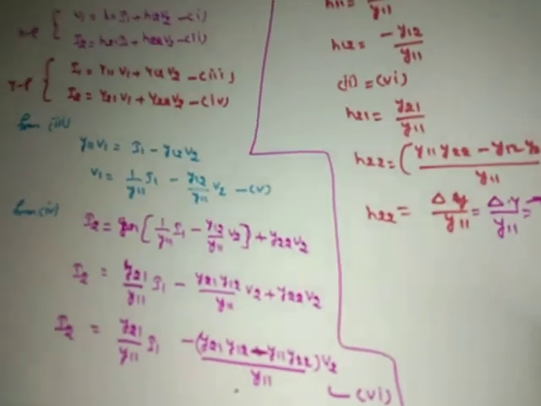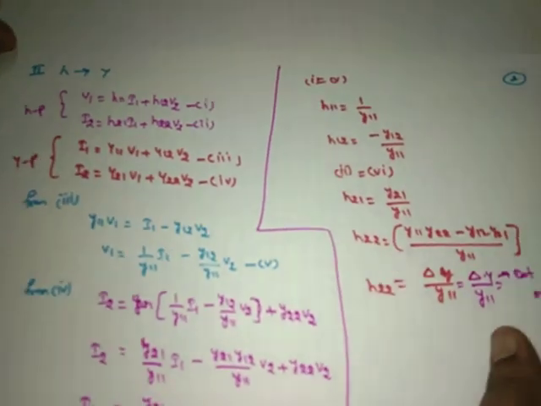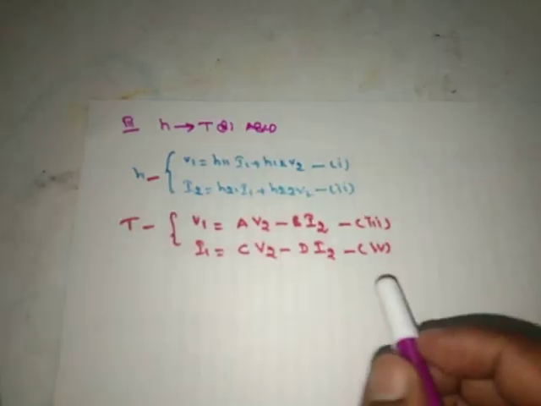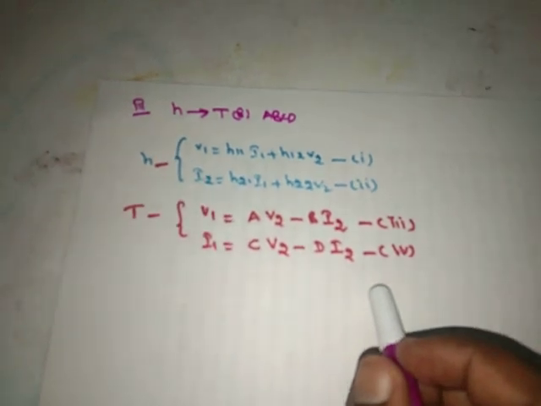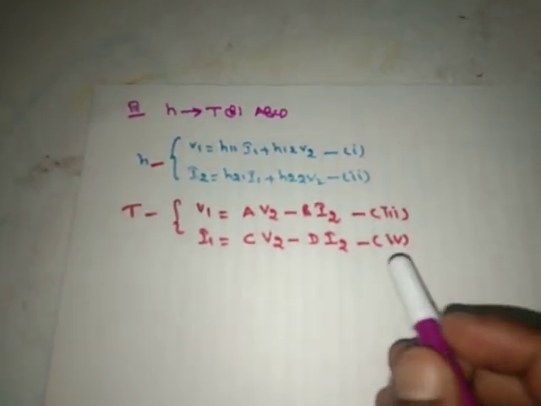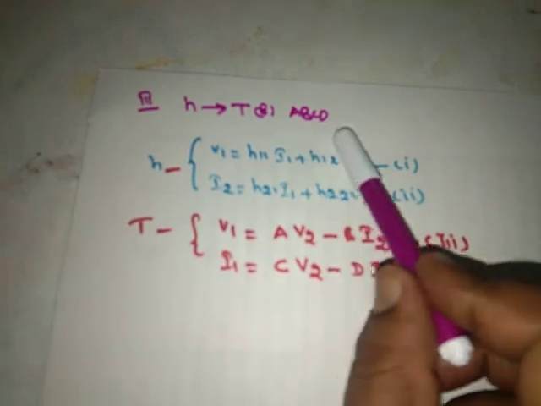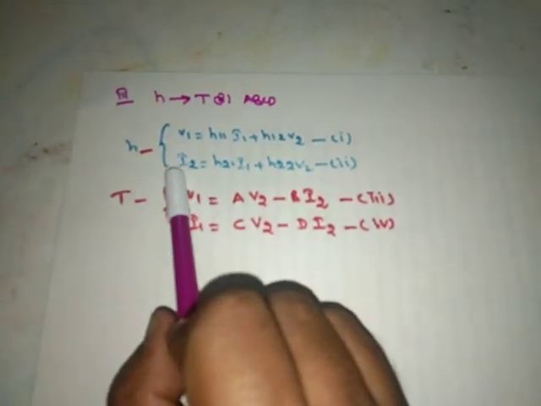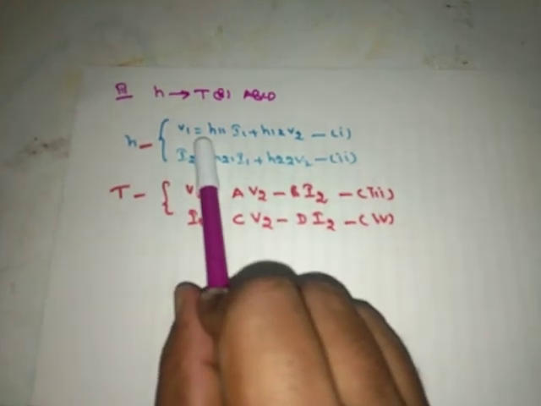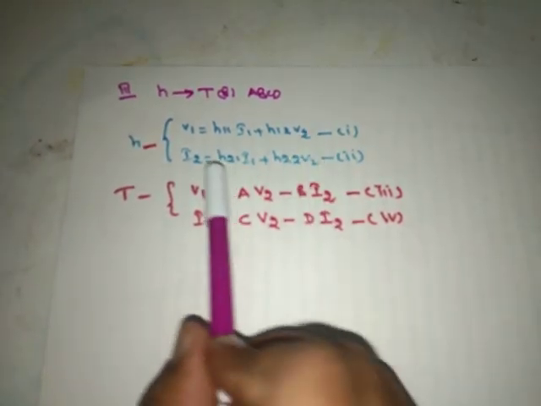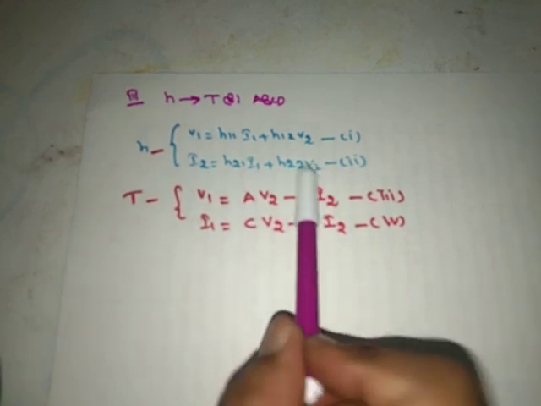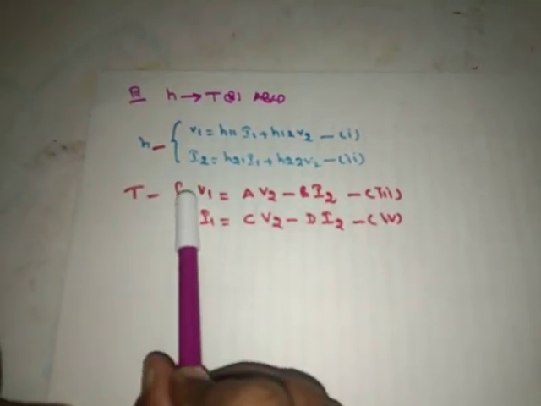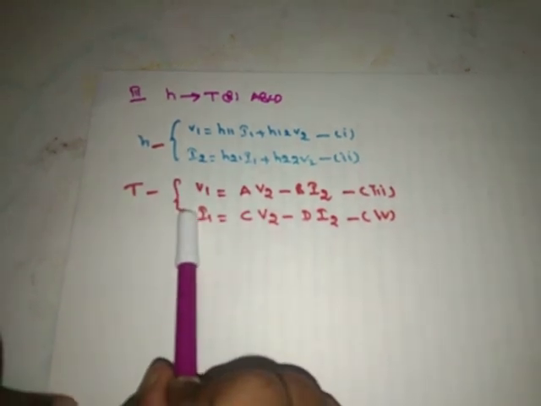In last case, y parameters in terms of t parameters. In last case, h parameters in terms of t or ABCD parameters. Already we know the basic equations used in h parameters. v1 depends upon i1 and v2. Similarly, i2 depends upon i1 and v2. And these two are the basic equations used in t parameters or ABCD parameters.